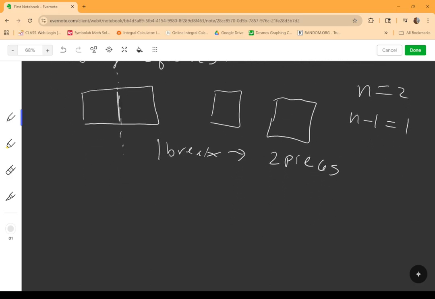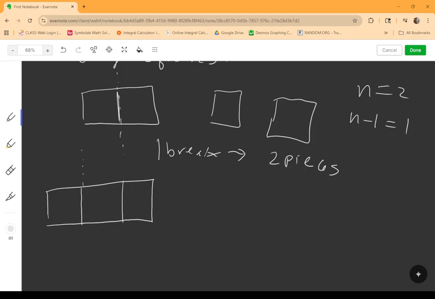Now the reason we need strong induction here is how we make the breaks. The breaks, as we can see here, don't always cut the chocolate in half.